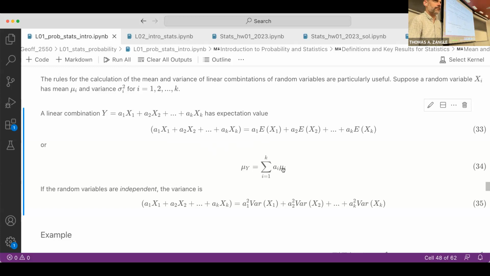That makes sense? So the A is like a weighting that's being applied to some random variable X. Let's say we could modify this problem and say that the rinsing happens twice.